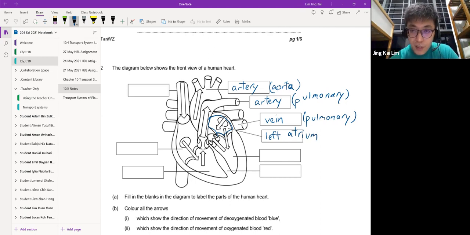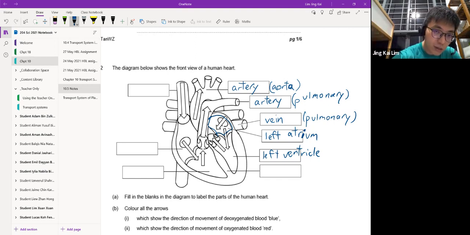After the blood has passed through the left atrium, you go through the left ventricle. After passing through the left ventricle, it will then be pumped out of the heart through the aorta artery, to somewhere. So we leave it at this point first.